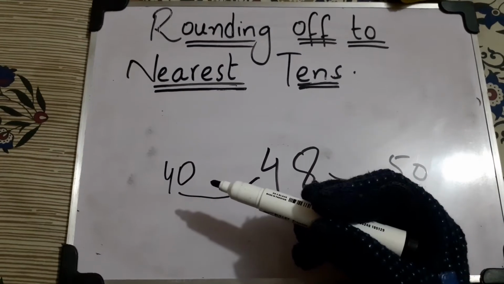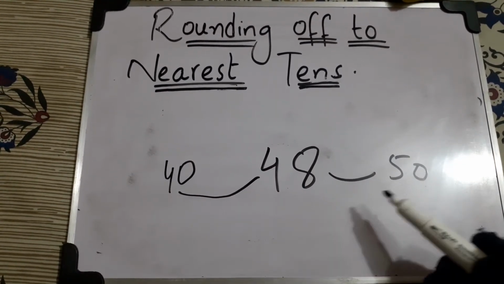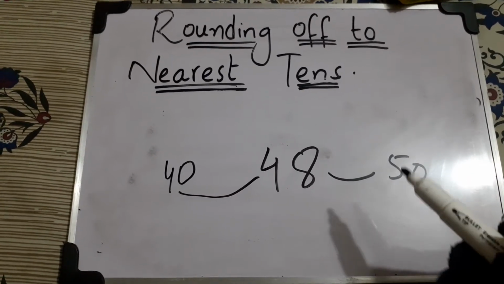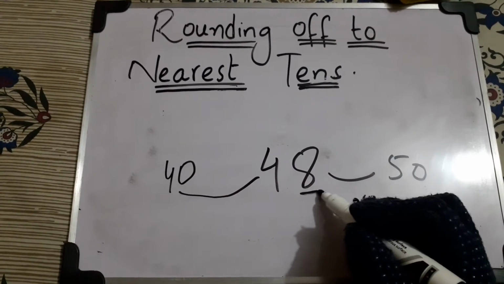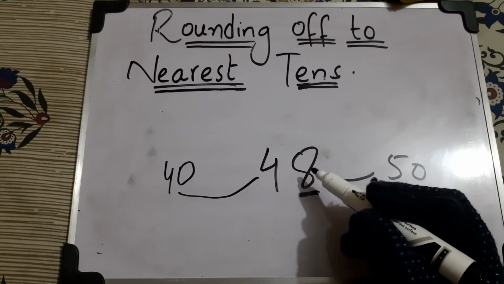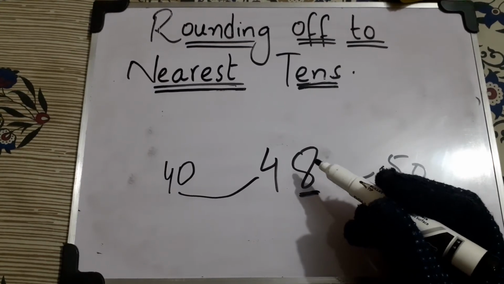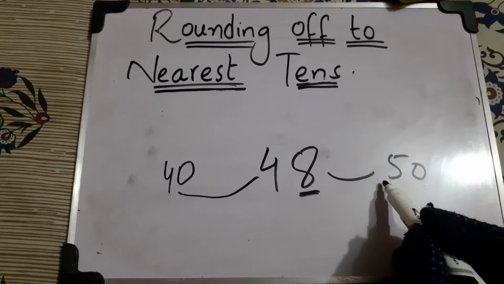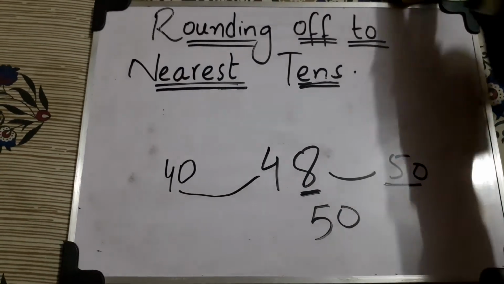If round off goes back, then it will go on 40, and if round off goes ahead, then it will go on 50. So if it goes ahead it will go on 50, and if it goes back it will go on 40. You have 8. When the second or last digit is 5 or bigger than 5, the round off goes ahead, so it becomes 50.